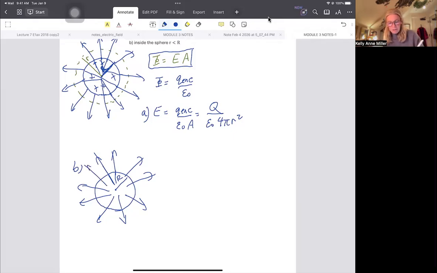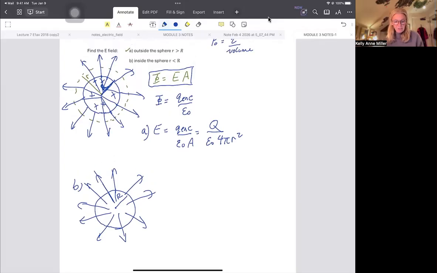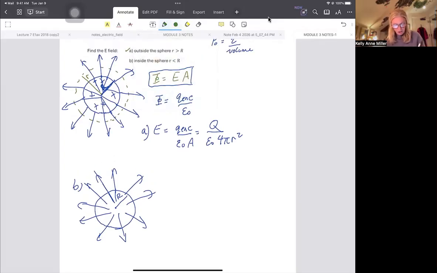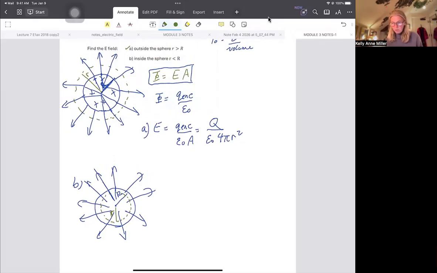But now with part B, I have to draw my Gaussian surface inside the sphere. It doesn't really matter where, just inside. I'm going to call that radius little r for my Gaussian surface. So it's again the exact same procedure.